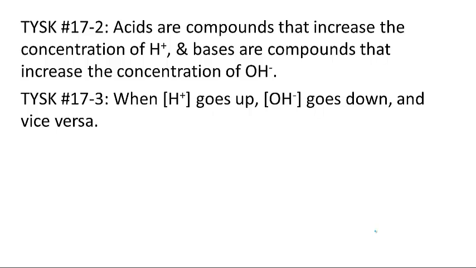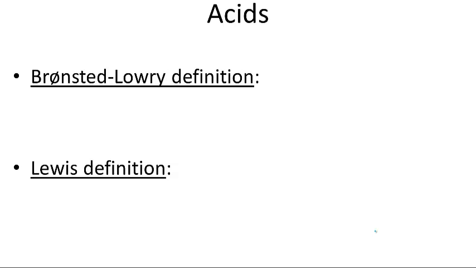So we can add acids. An acid is anything that will increase the concentration of H plus. Bases are compounds that will increase the concentration of OH minus. And we already said when one goes up, the other one has to go down. So we have a couple of definitions.